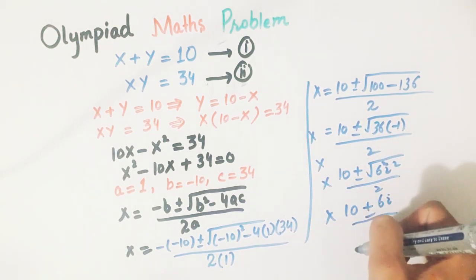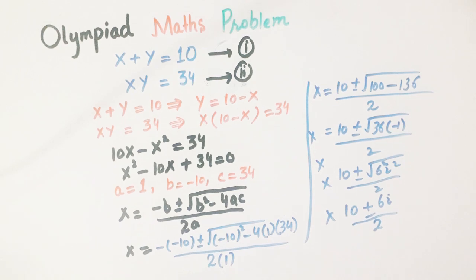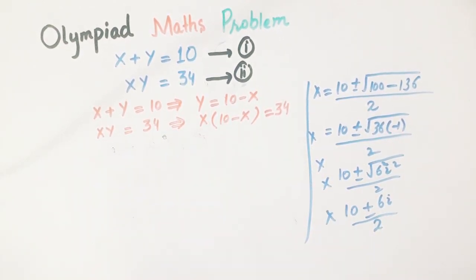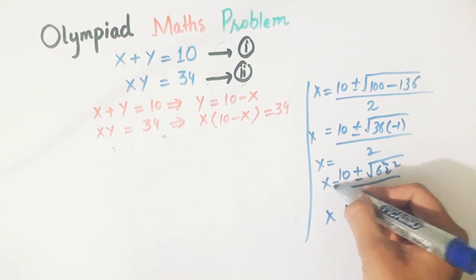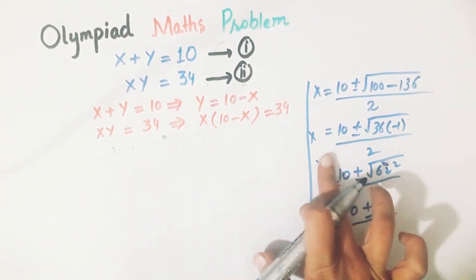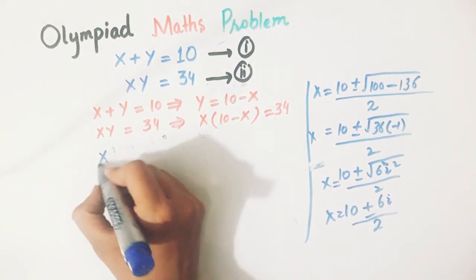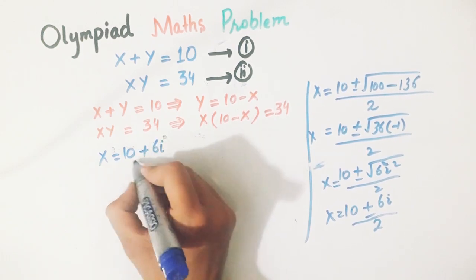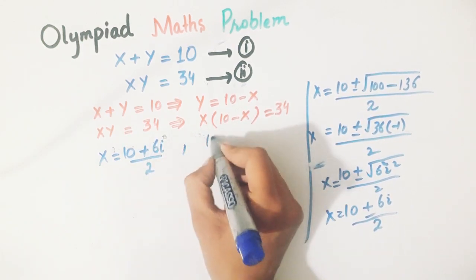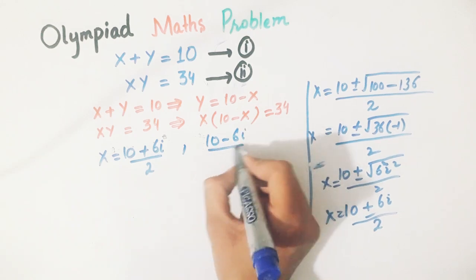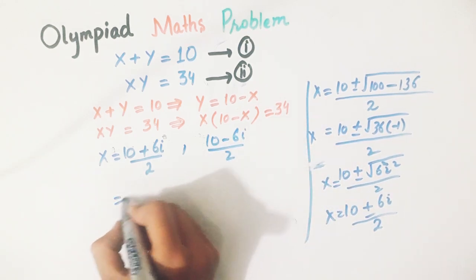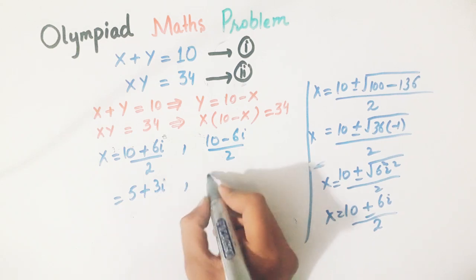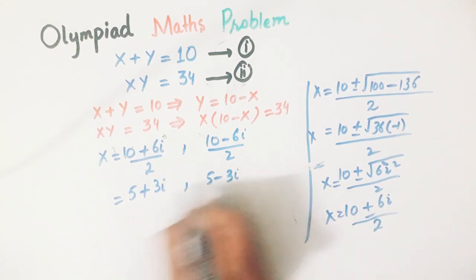So we write x equals 10 plus 6 iota by 2 and 10 minus 6 iota by 2. By solving this we get 5 plus 3 iota and 5 minus 3 iota.